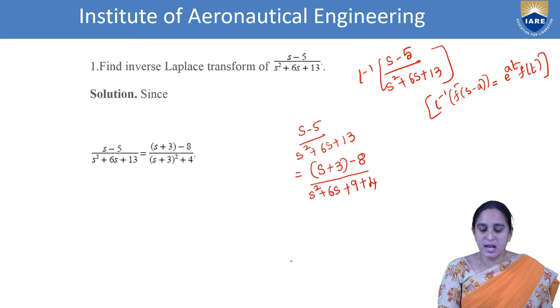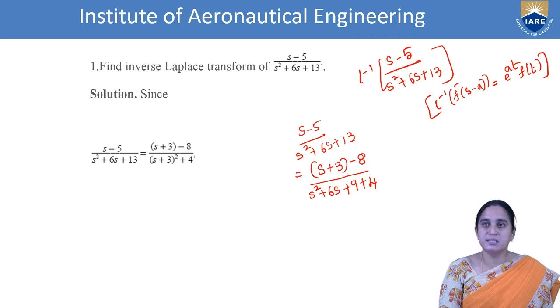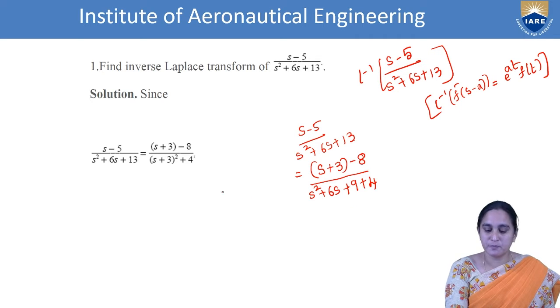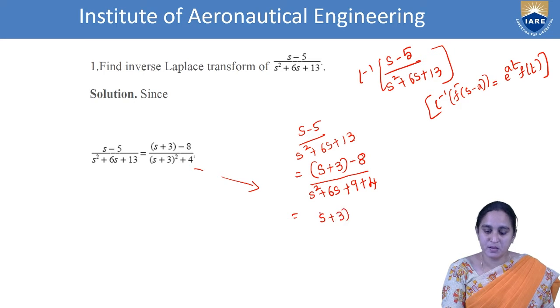So it is s plus 3 minus 8 by s square plus 6s plus 9 plus 4. Once you see the denominator, what is its form?